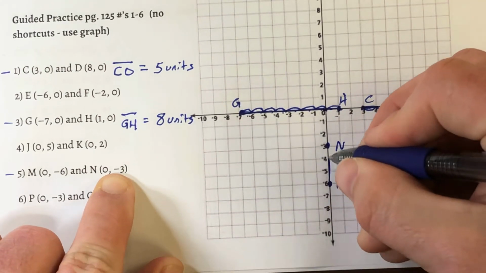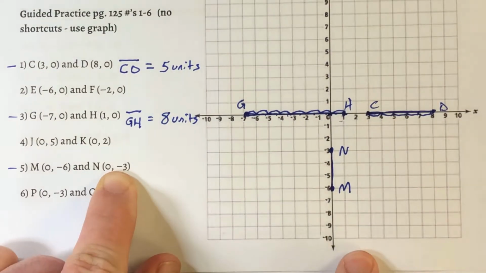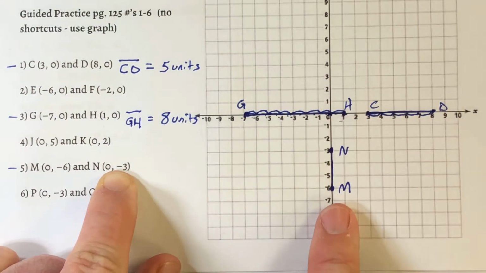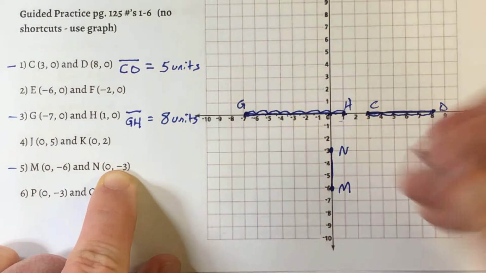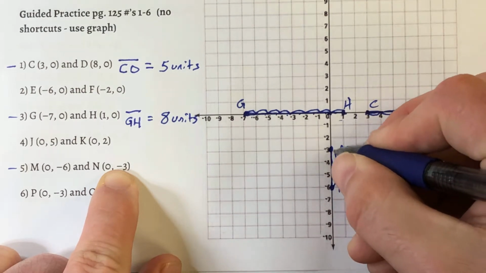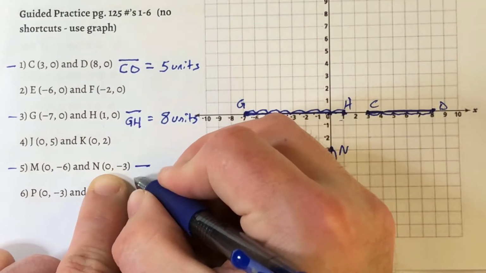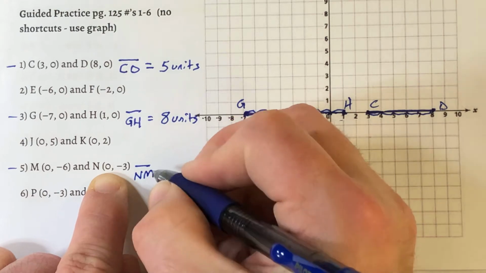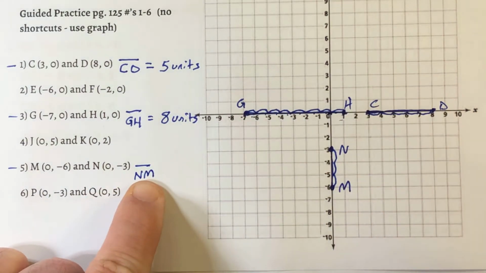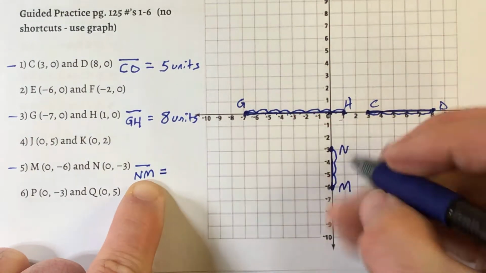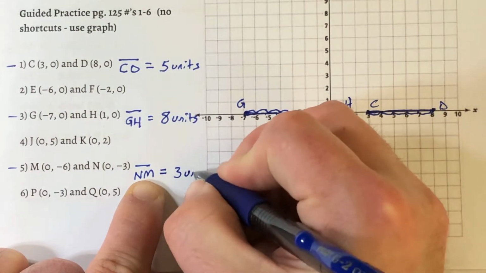Connect your 2 points with a line. And pay attention, the interval is 1, so we're going to count by ones. 1, 2, 3. So line NM or MN, again, it doesn't necessarily matter since these are just line segments. It is equal to 3 units.